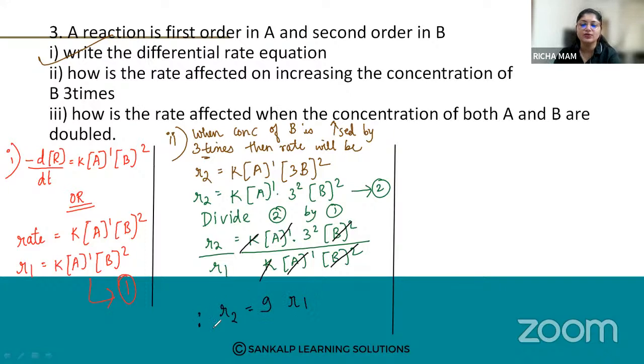Therefore, if the concentration of B is increased by 3 times, then the rate will be 9 times R1. It will increase by 9 times. Let us see the next question.